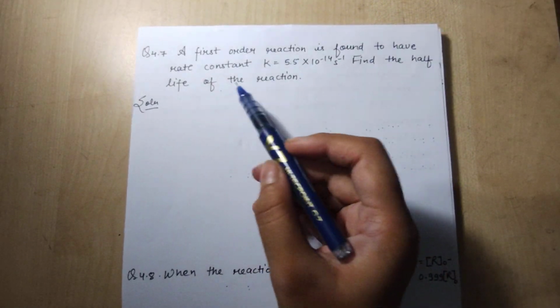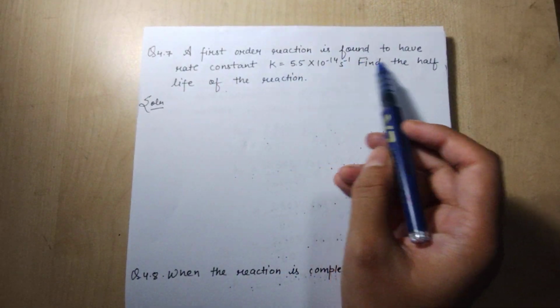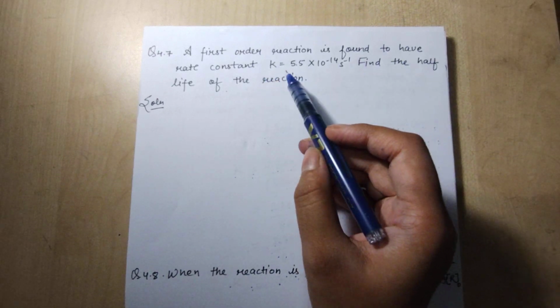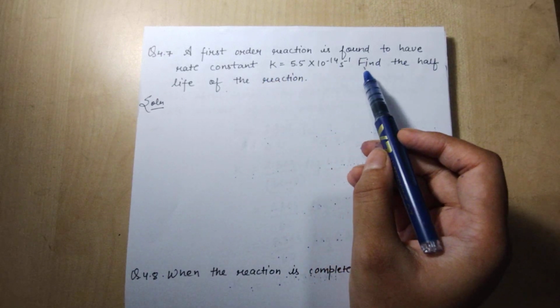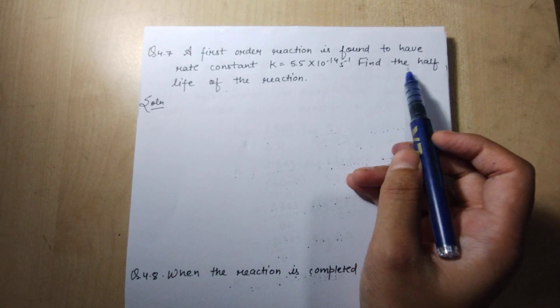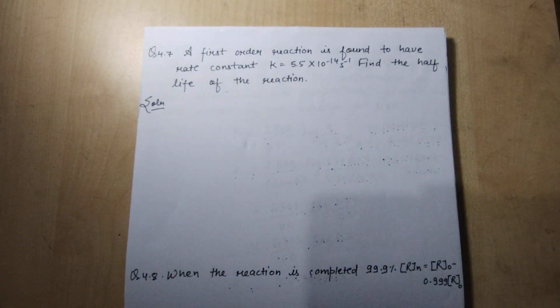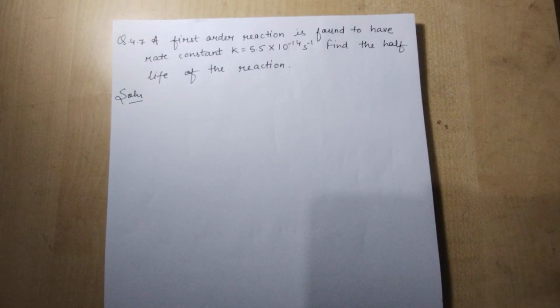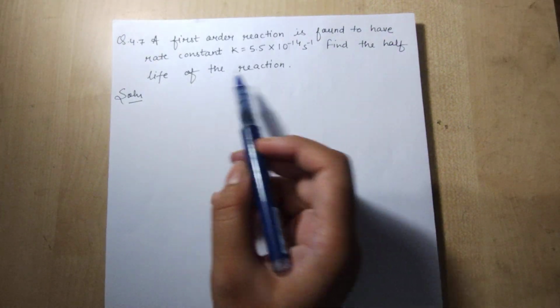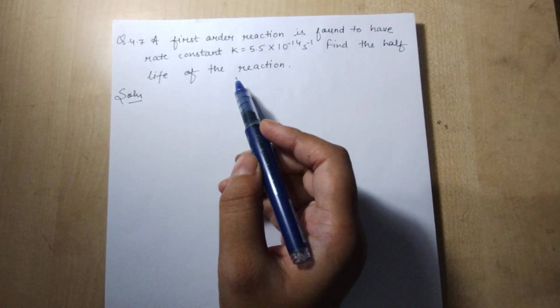Now our next question is, a first order reaction is found to have rate constant K is equal to 5.5 × 10 to the power minus 14 per second. Find the half-life of the reaction. So how to calculate? First you have to find the half-life of the reaction of first order.